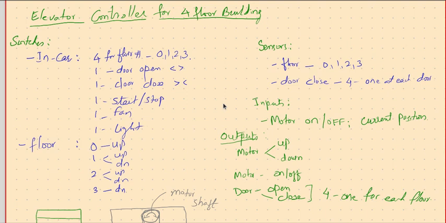We need to initiate the action so that the elevator cabin should first come to the floor where you are. For that, the whole process will begin from you pressing a button which is outside the elevator, which we call floor switches.